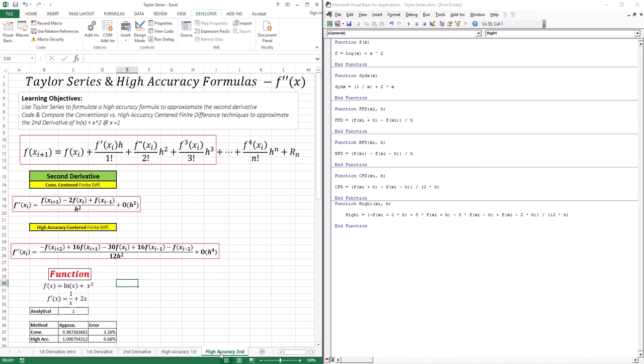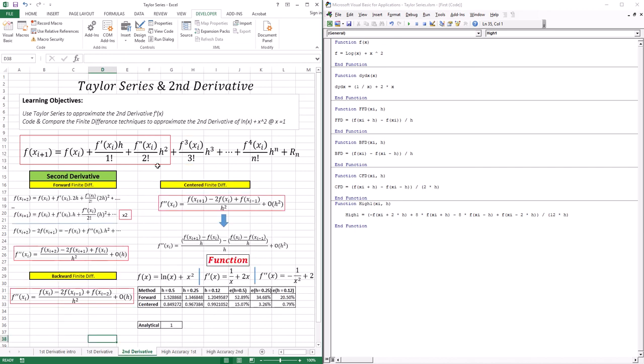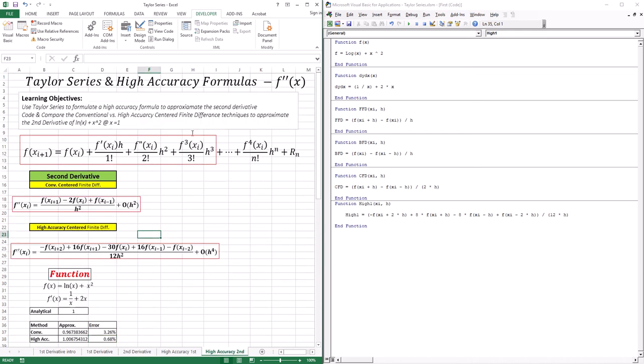Now for the high accuracy second derivative, here's the conventional center that we developed in the last lesson. And through similar techniques, we're going to develop the second derivative high accuracy centered, and this is by adding an extra term, of course, in the Taylor series. Because if you remember, with the second derivative, we added up to the second derivative term, but with the high accuracy, we're going to add one more term.